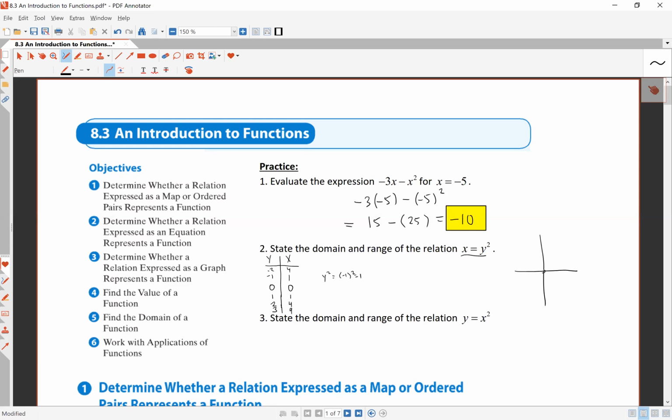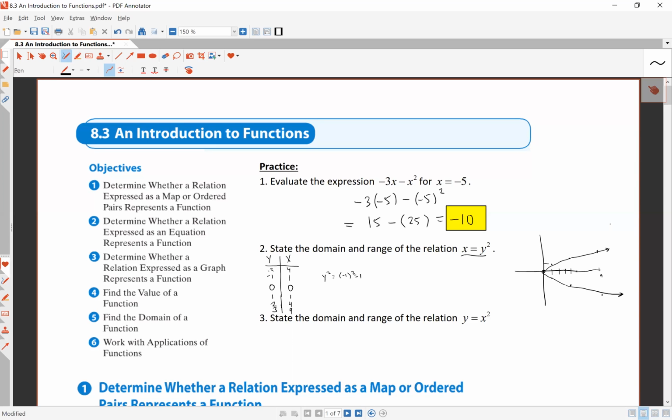So we see that we have 0, 0, 1, 1, x equals 4, comma 2, x equals 9, comma 3. And then we have 1, negative 1, 4, negative 2, 9, negative 3. So we have that sideways parabola.